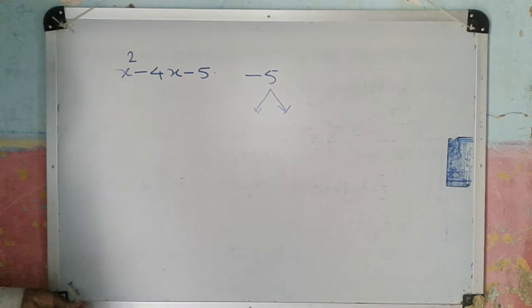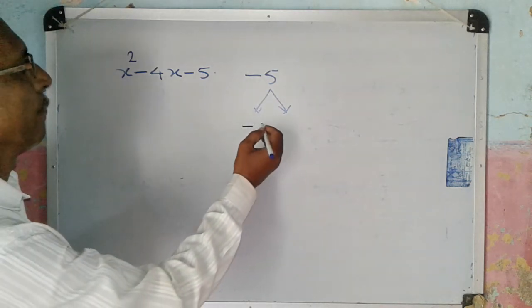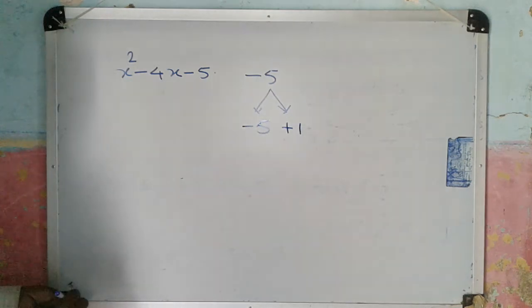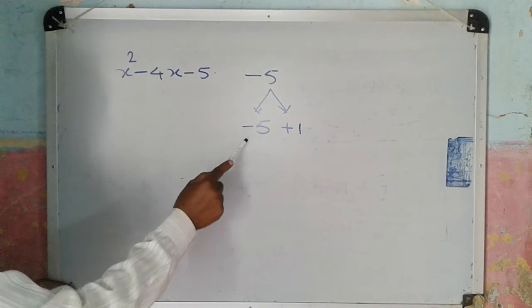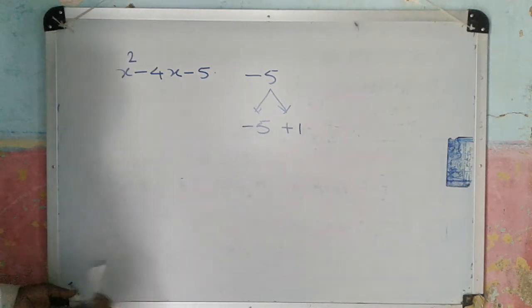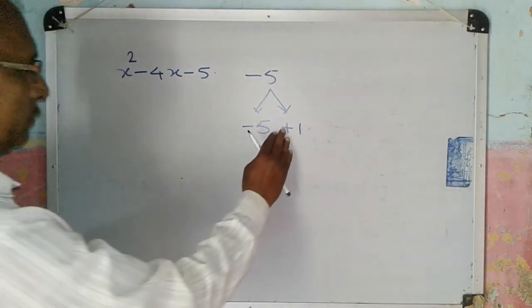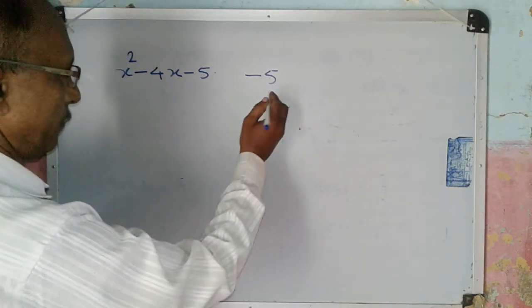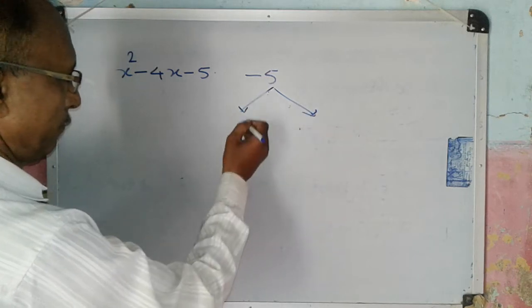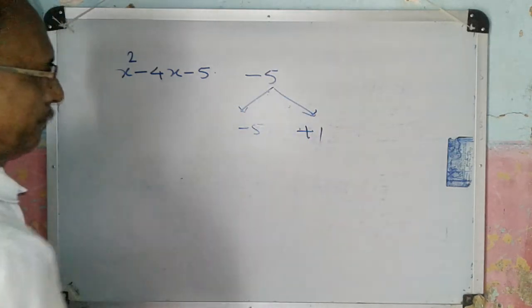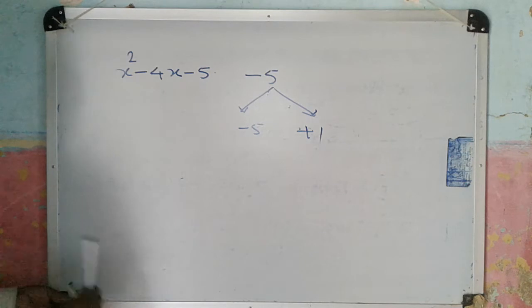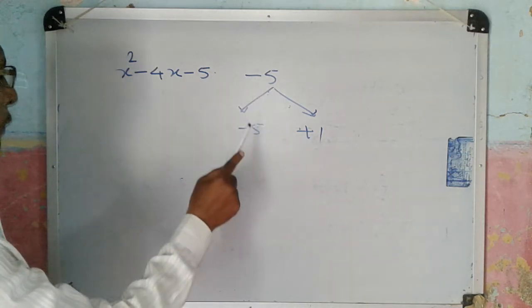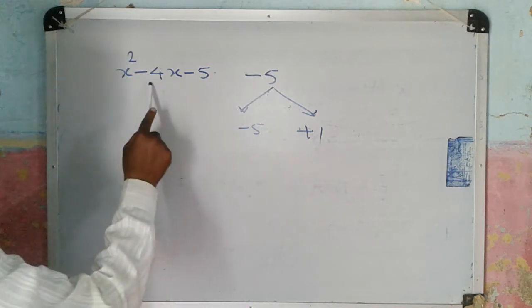So here we get minus 5 plus 1. Minus 5 into 1 we get minus 5, and minus 5 plus 1 we get minus 4.